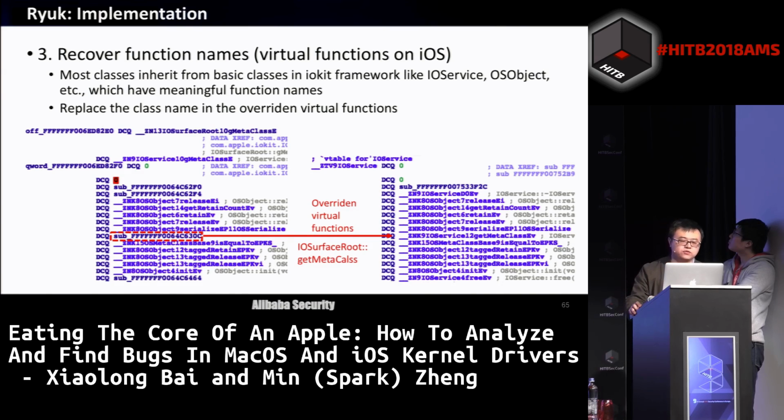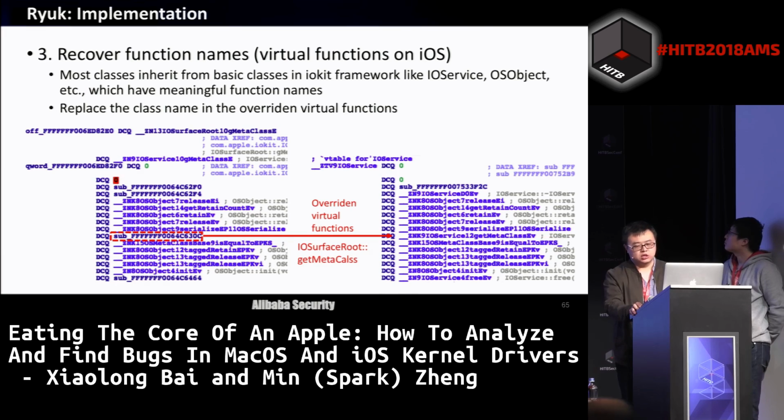So for the third feature, recovering function names, we mainly do it on iOS, since I have already said that macOS kernel drivers have meaningful function names. So this feature is mainly done on iOS.